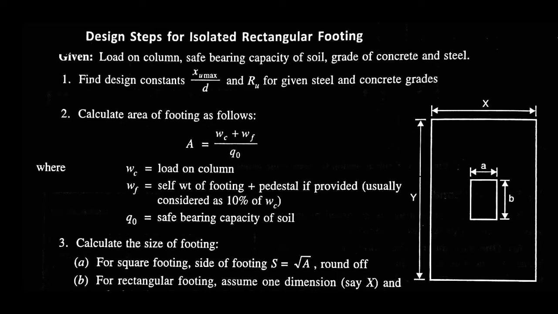Let load on column, safe bearing capacity of soil, grade of concrete and steel be given. In that case, first of all, we have to find design constants, that is Xu max by d and Ru for given steel and concrete grades.